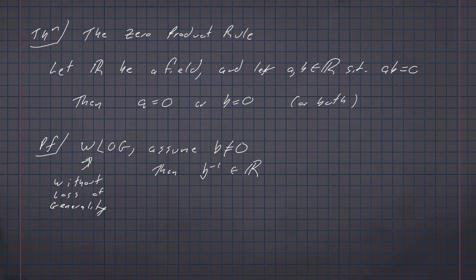And since b is non-zero, that means that it has a multiplicative inverse, b inverse, where b times b inverse is equal to 1. So if I take the equation ab equals 0, and I multiply on both sides by that b inverse, on the left-hand side, I have b times b inverse, which is 1.